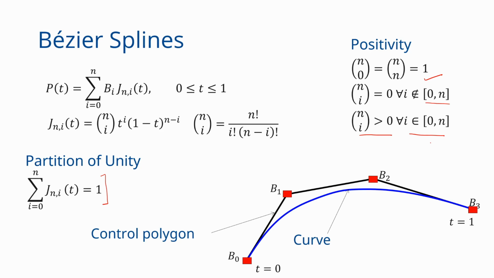This property is called positivity, and the fact that the J_n,i add up to 1 is called the partition of unity property. So the basis functions form a partition of unity.